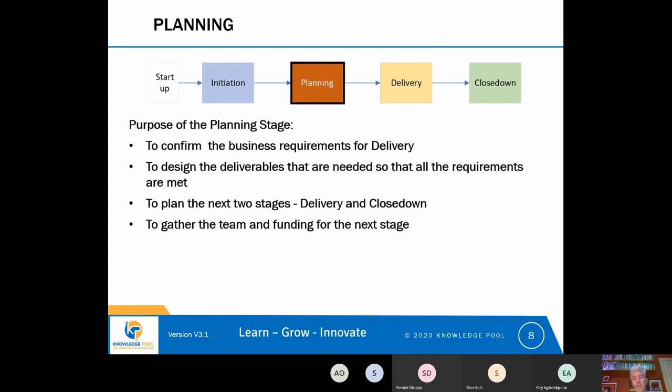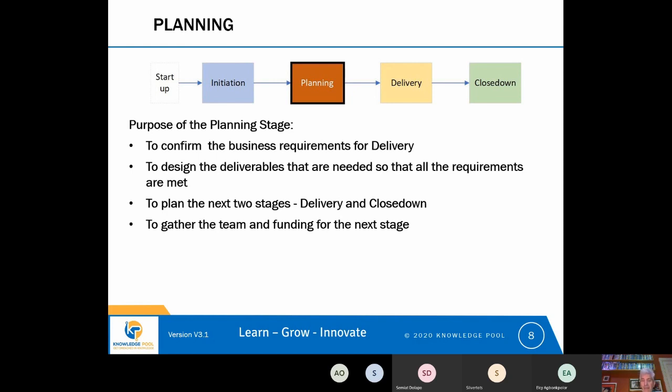Having decided what our requirements are, we can move on to design a deliverable that is going to ideally meet all of the requirements. And having designed the deliverables, we're then in a position to plan the next stage, which is delivery.